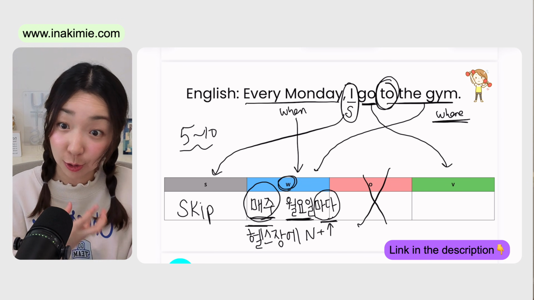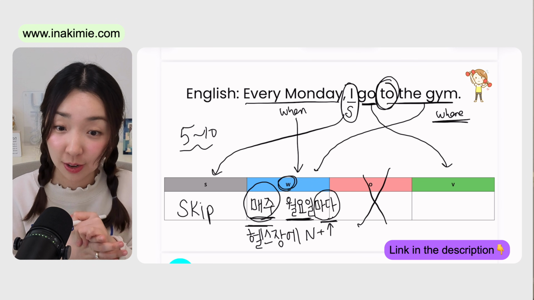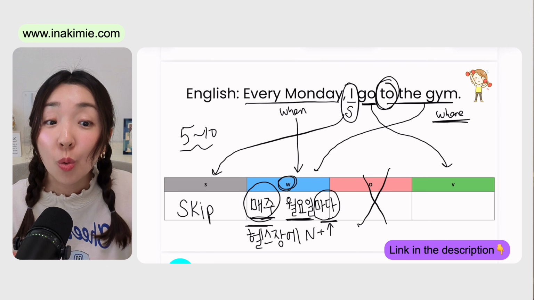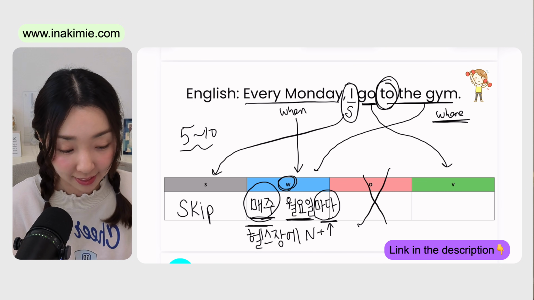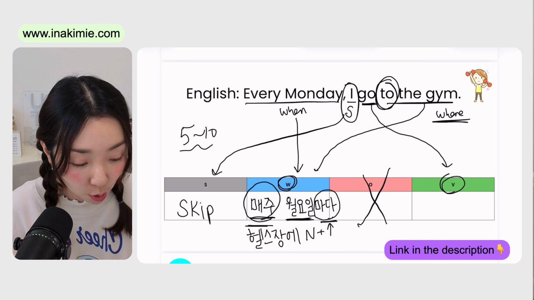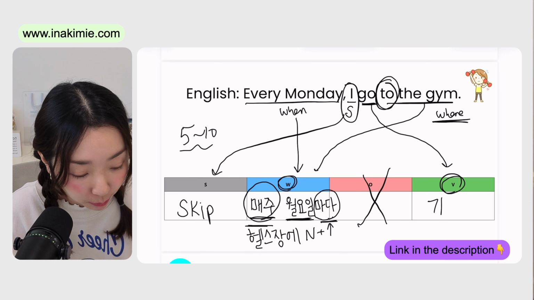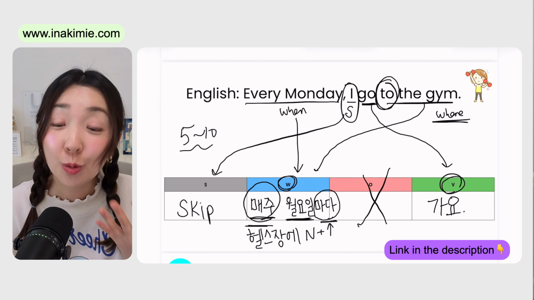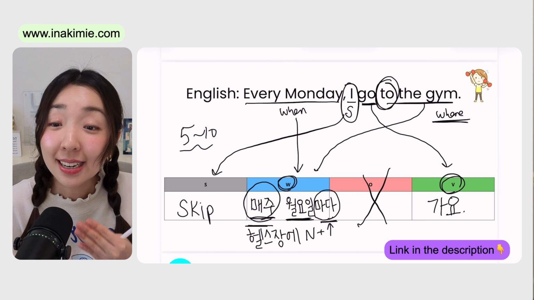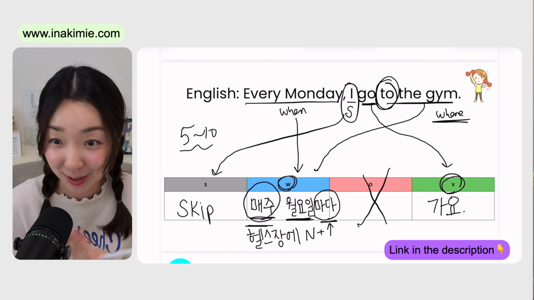Even in English, we use "to," that preposition. So 매주 월요일마다 헬스장에, and we're left with the last part, go. That's 가다. Turn that into present tense. 가요. 매주 월요일마다 헬스장에 가요.